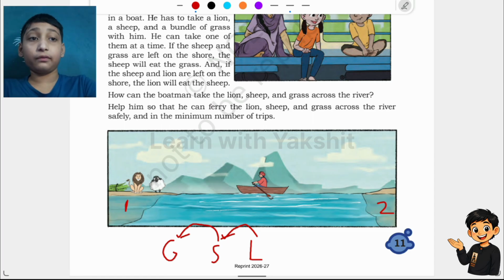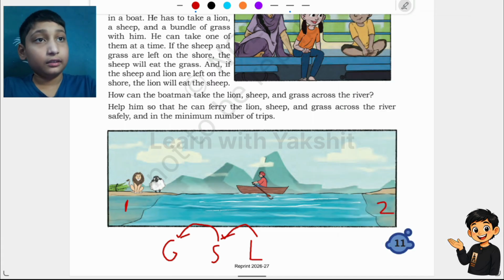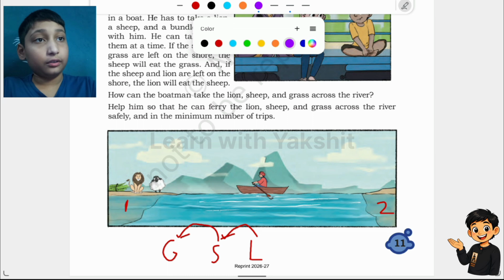Of course, the boatsman has to go. So I'll change this weird purple color to a white color.